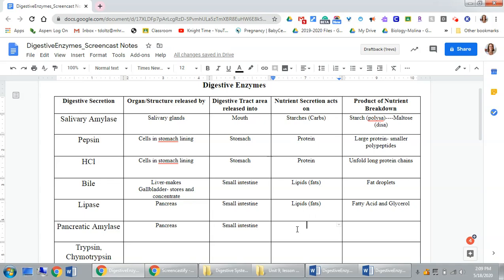So what nutrient group is it going to act on? Oh, this was amylase also. It worked on carbs. Pancreatic amylase is also going to work on starches, carbs.